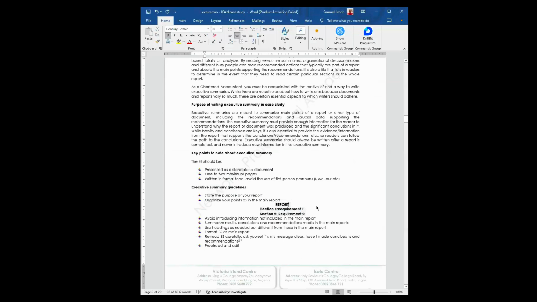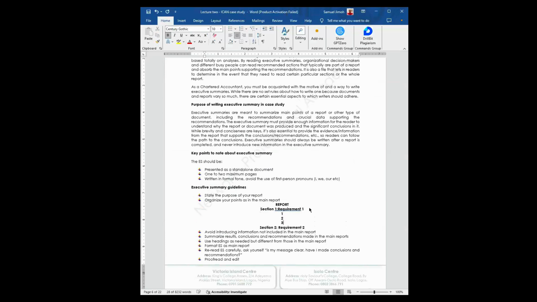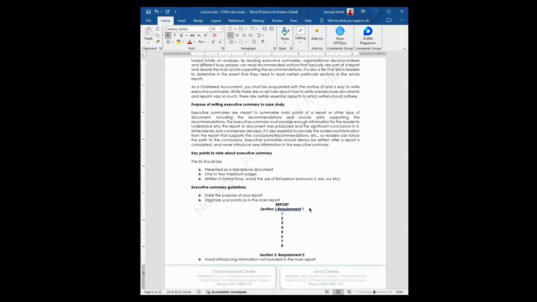Remember also that I said that there are about 1, 2, 3, 4, 5, 6, 7, 8 sub-skills under each of the requirements. So the thing about that is that here will be conclusions, and number 8 will be recommendations.